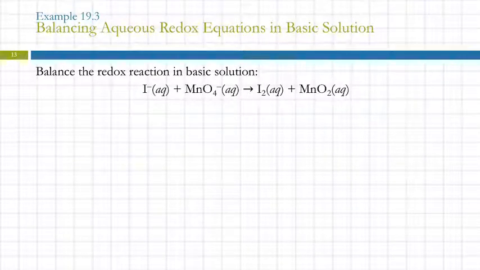So let's do this example. We've got iodide and permanganate ion making iodine and manganese dioxide. Or manganese 2 oxide, sorry. So again, we're going to take this into 2 pieces. So the iodine things are going to be together.